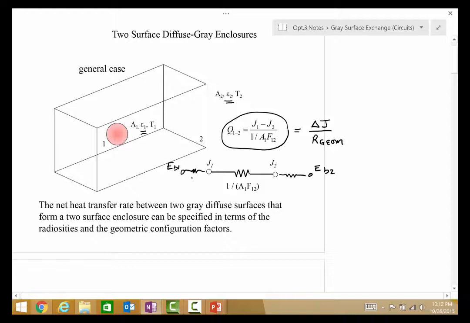So there's some surface resistance associated with surface 1, some surface resistance associated with surface 2. The total heat transfer rate between 1 and 2, we want to define in terms of the difference between the blackbody emissive powers, where we have both the geometric resistance and the surface resistances in play.